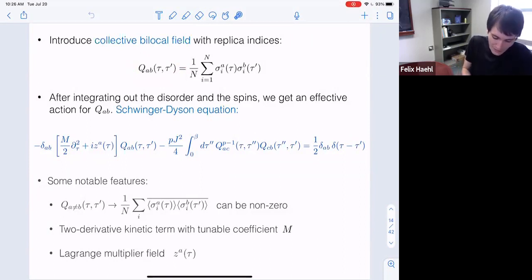Okay, so we obtain an effective action for this bilocal Q. And I didn't write the effective action here, but I wrote the Schwinger-Dyson equation that you get from it.